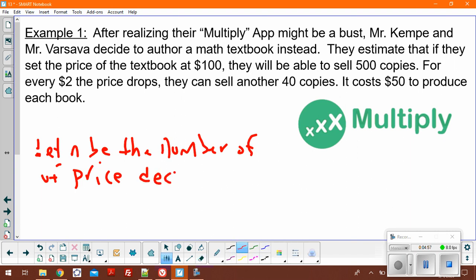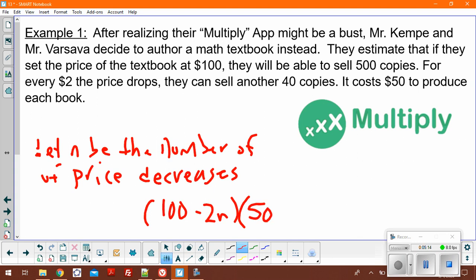And you'd set something up like this. It says the current price is $100, and I'm going to drop the price by 2. When I do that, the number of copies I sell goes up by 40.